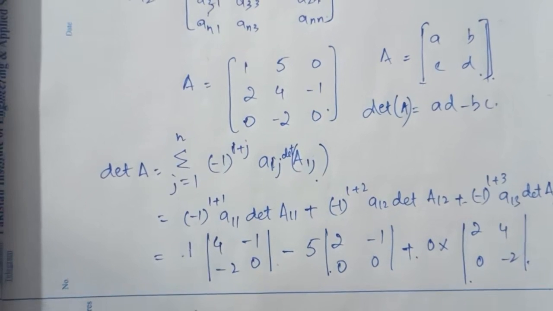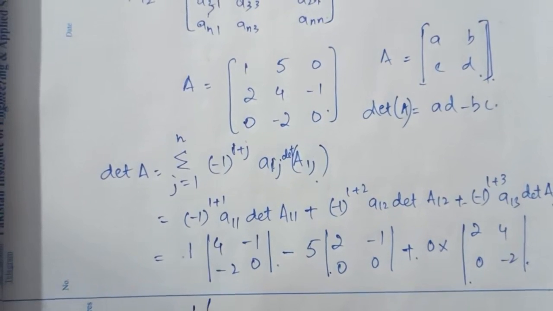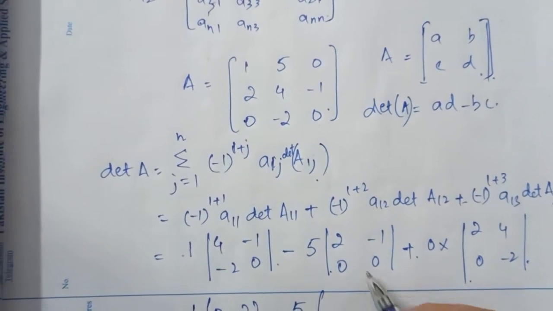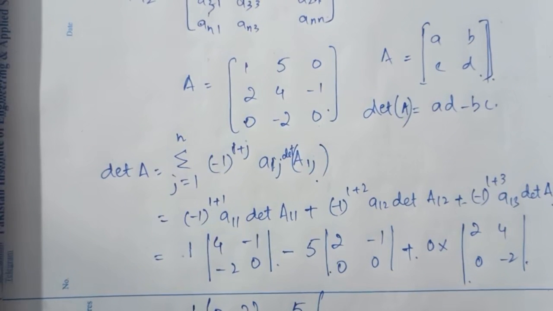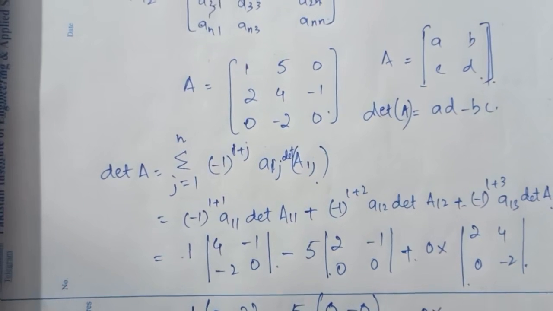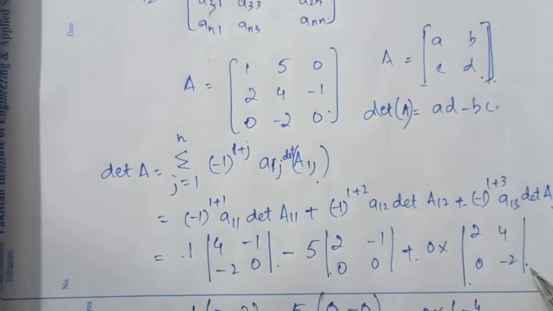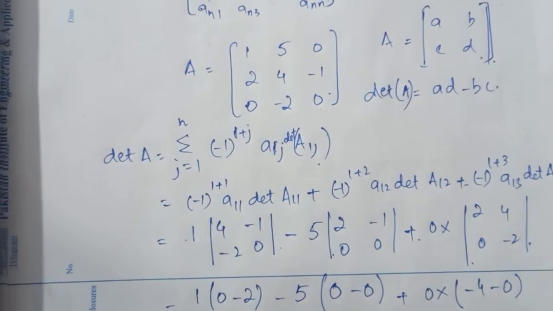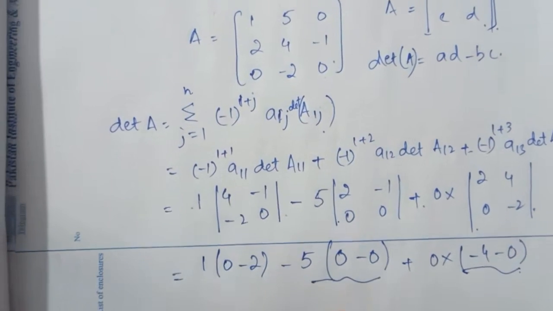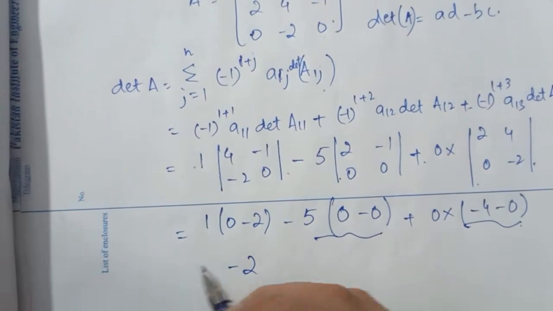We get 1 times 0 minus 2, minus 5 times 2 times 0, which is 0, and then minus 0, and here again 0 times minus 4 and minus 0. So this term will be 0, this will be 0. The answer here is equal to minus 2.